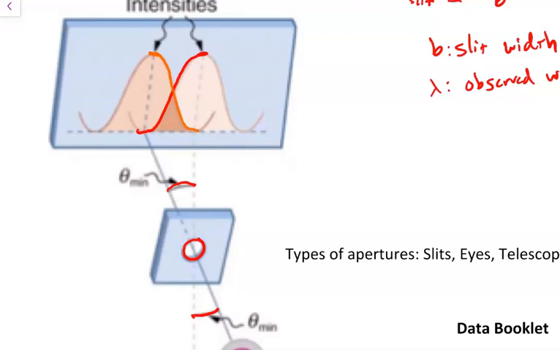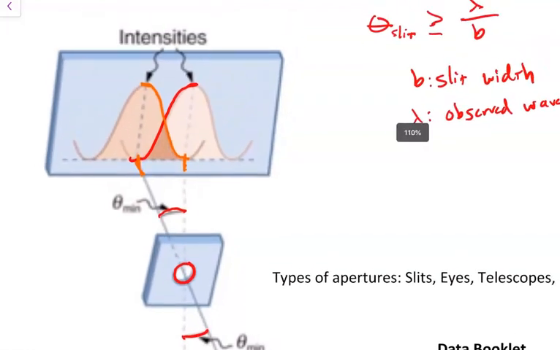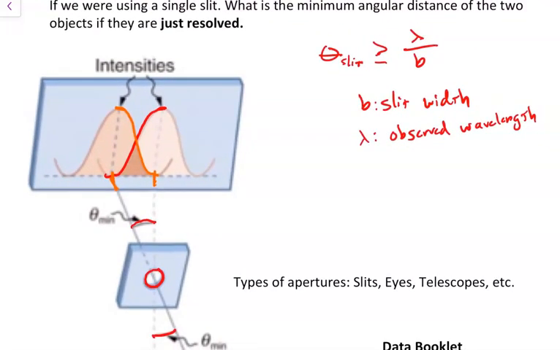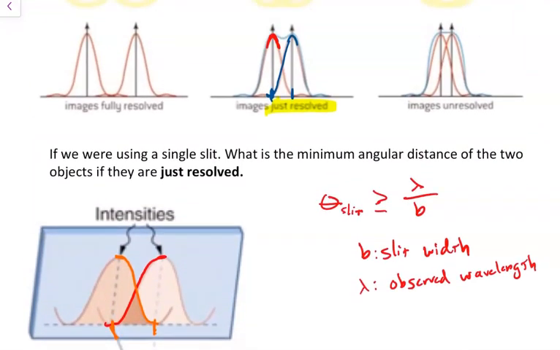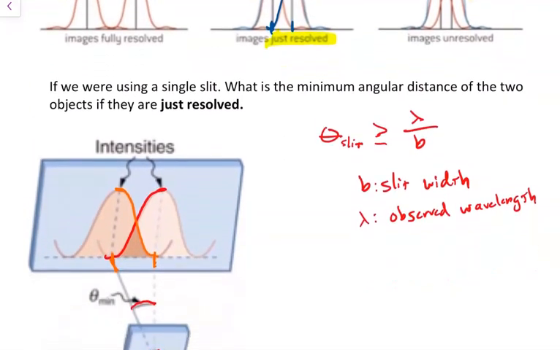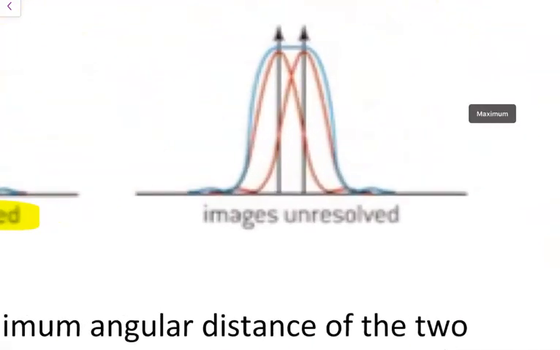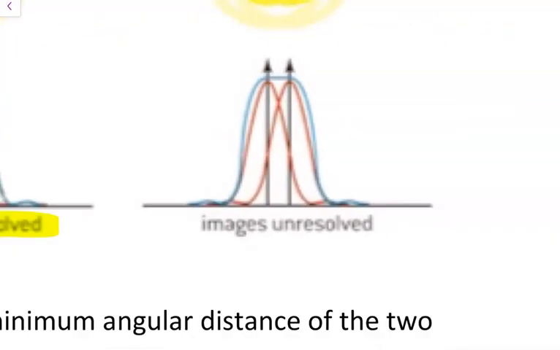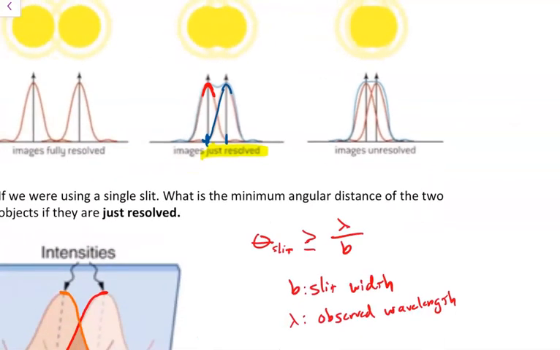And that's our theta, which makes the difference of lambda over b. And so once it's greater than that angle, then we can see them as separate images. If theta is less than this angle, then these two interference patterns would overlap. So they need to be separated by some angle, theta.